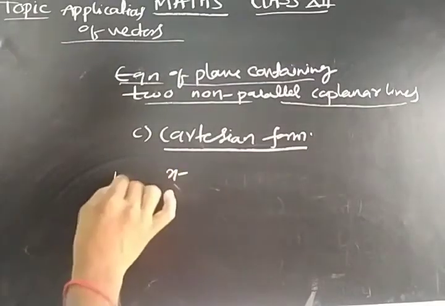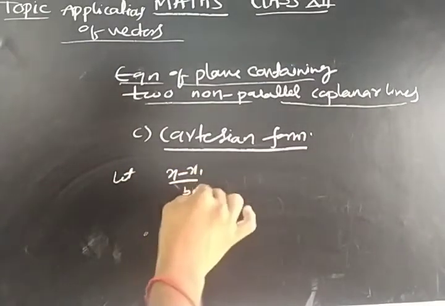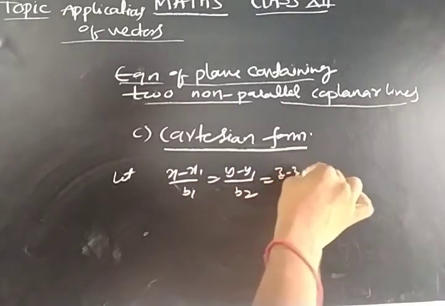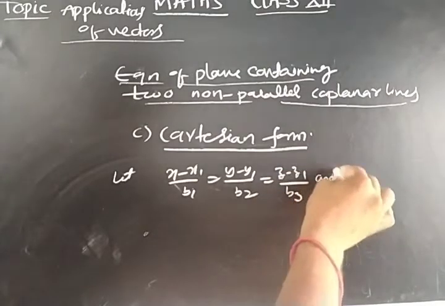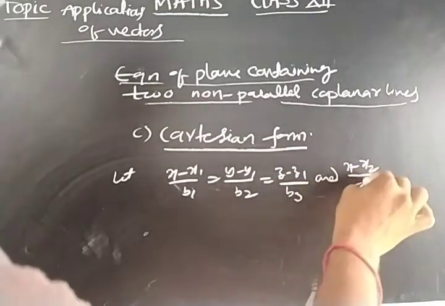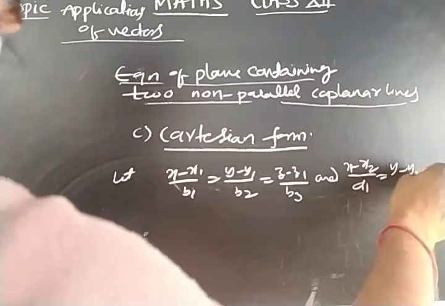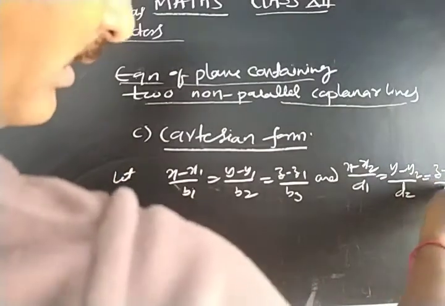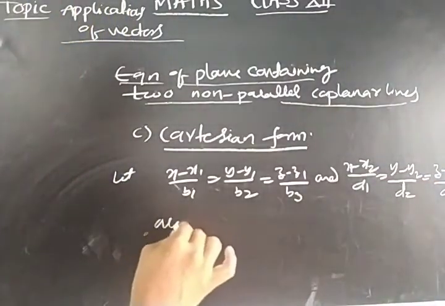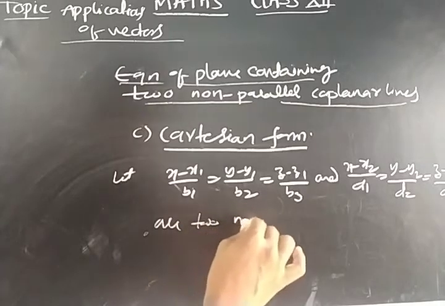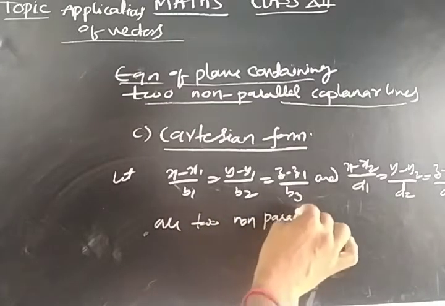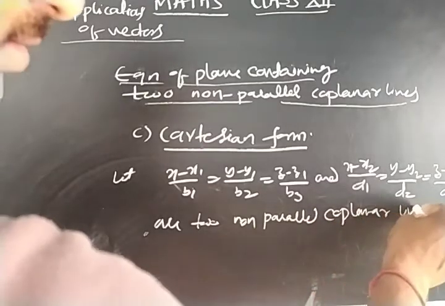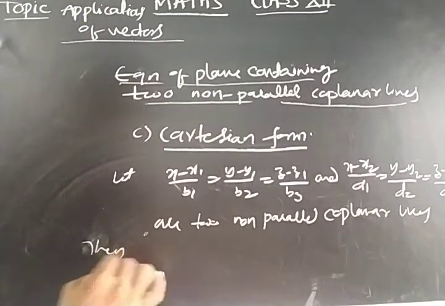One is (x minus x1) by b1, (y minus y1) by b2, (z minus z1) by b3, and (x minus x2) by d1, (y minus y2) by d2, (z minus z2) by d3, which are two non-parallel coplanar lines. Then the equation of the plane.